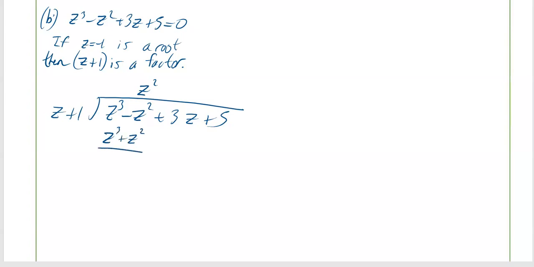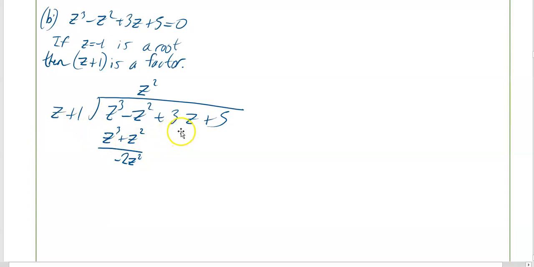Just do a line here. Some people put a minus in here, but I don't like to because it confuses what sign this thing is. What you are doing here is subtracting this line away from this line. So you have minus z squared minus another z squared, which is minus 2z squared, and z cubed minus z cubed.